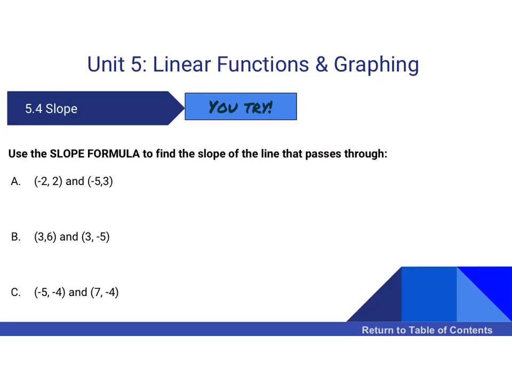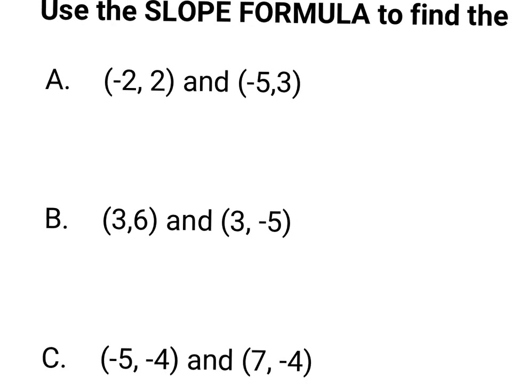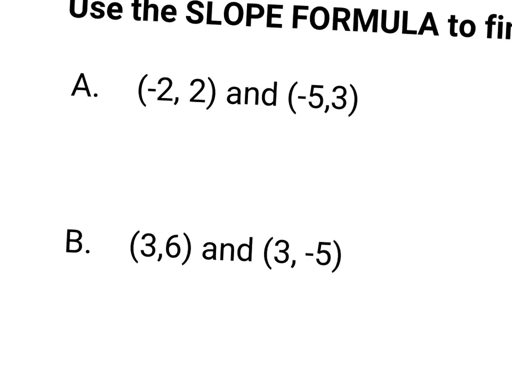Let's see exactly how this works. Here are two points. I ask you, find the slope of the line. Well, you could, if you wanted to, make a graph: (-5, 3) and (-2, 2). Connect the dots, and then count change of y over change of x. Or you could say, forget that, you're giving me the point values, I'm not even going to graph it.